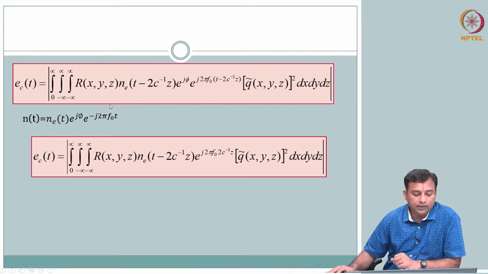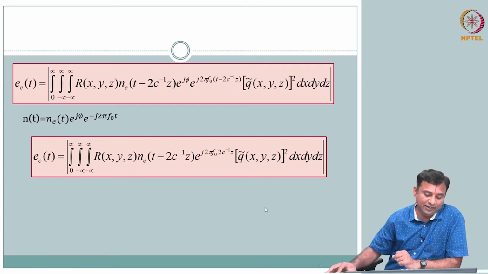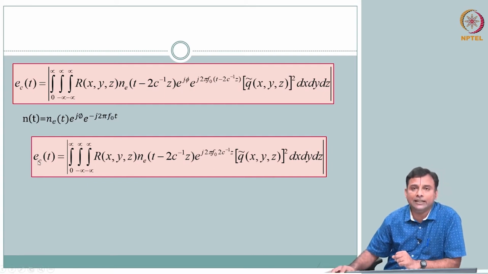This is your signal that you are receiving, the envelope, right, because there is modulus, the envelope of the pulse echo signal. Okay, the pulse you send, the echo of that, this is the one that you are receiving.